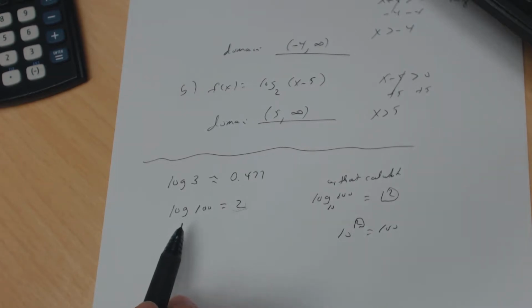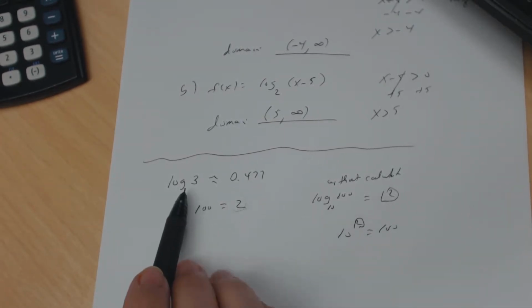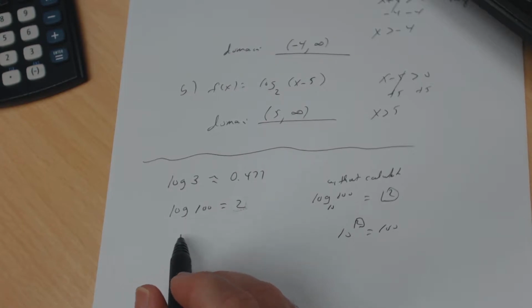And so the point here is that see this base here is a 10? So there's no base. If there's no base, my base is understood to be a 10. So this base right here is understood to be a 10.